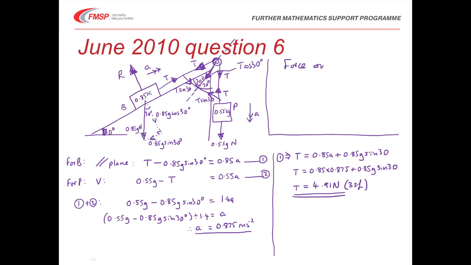The force on the pulley is equal to 2T cos 30 degrees. Well, that's equal to 2 times 4.91 cos 30 degrees.